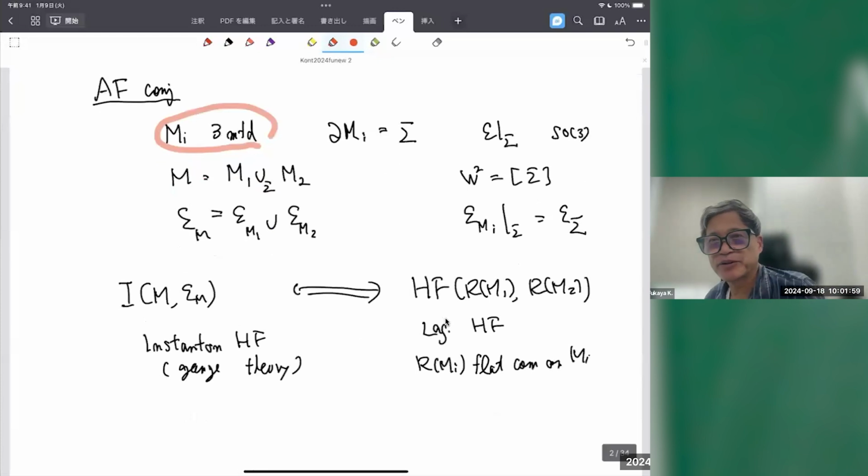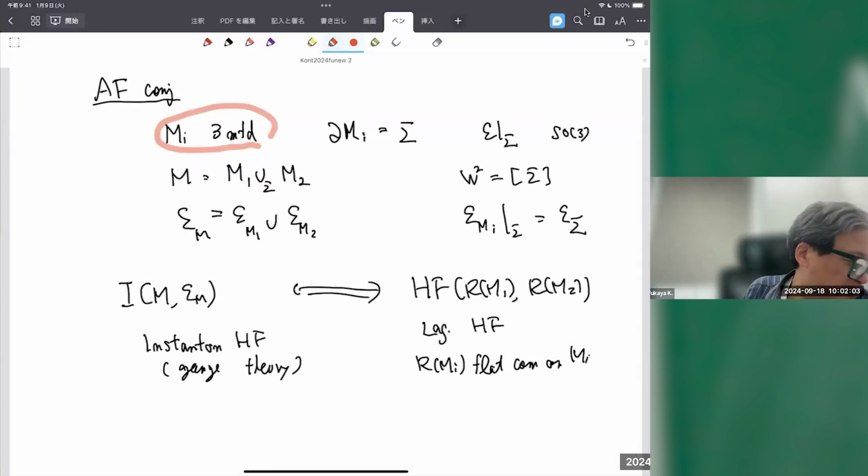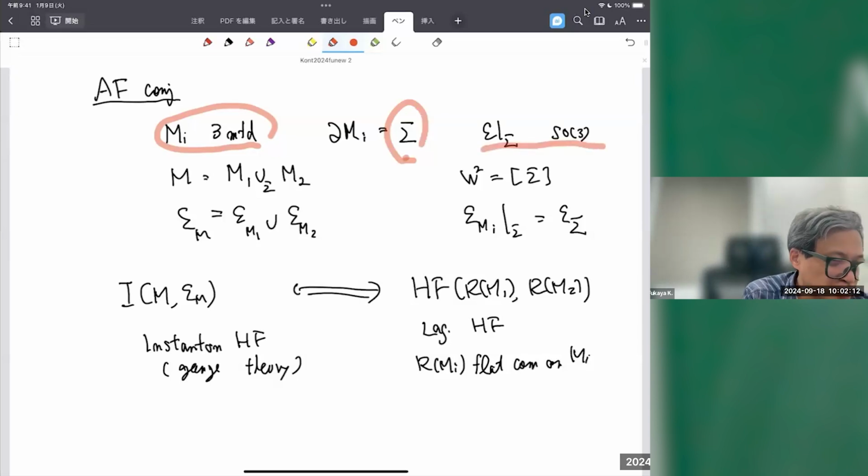So let me review the Atiyah-Floer conjecture a bit. On one side we consider a three-manifold M. We fix a Riemann surface sigma together with an SO(3) bundle E whose Stiefel-Whitney class w2 is nonzero.